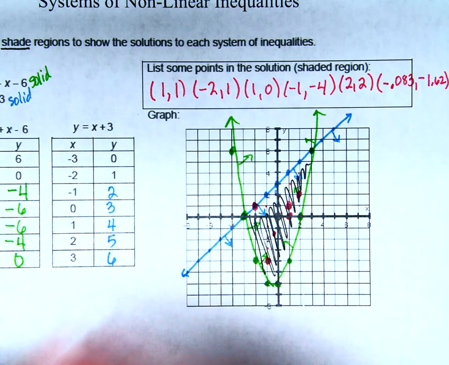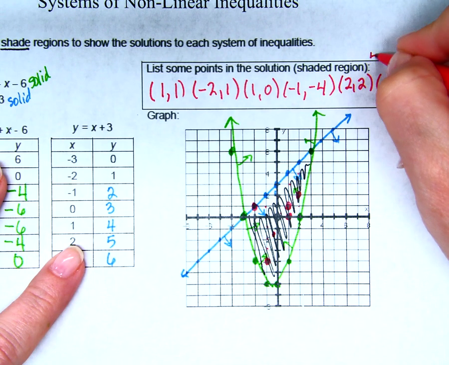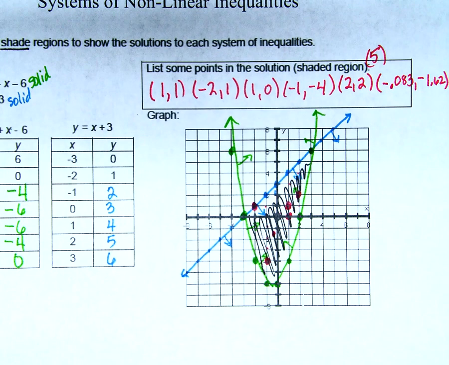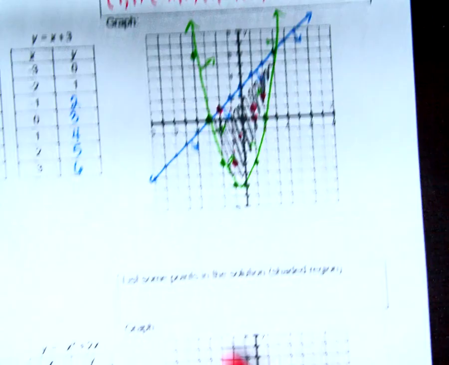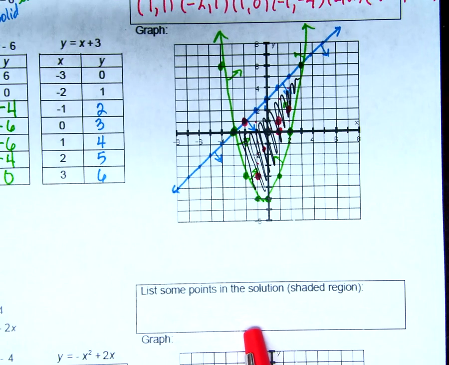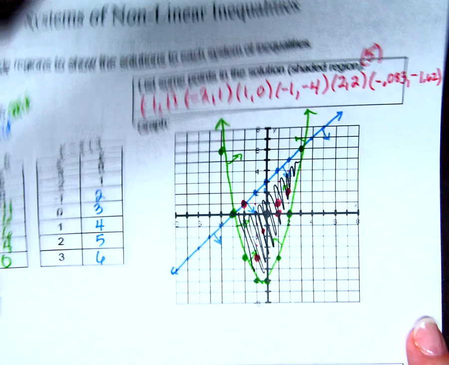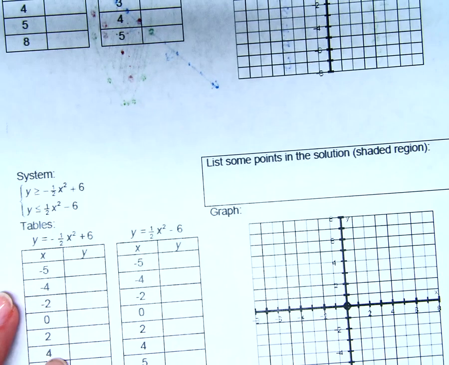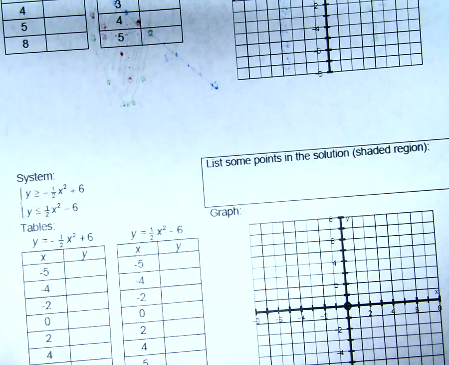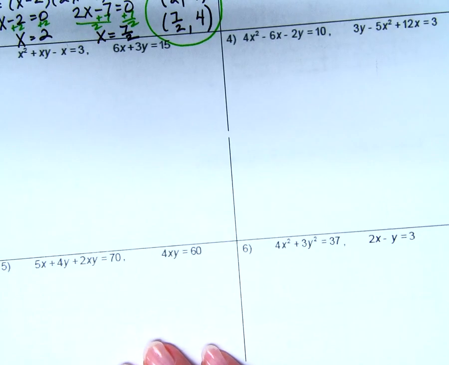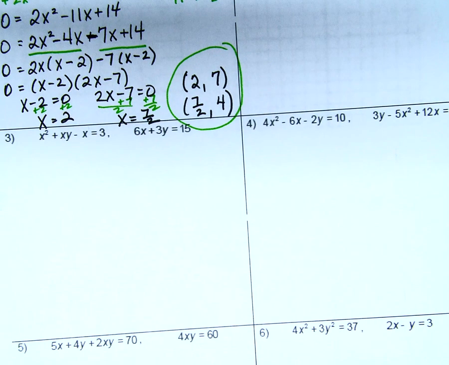That everybody had a chance. But let's make sure to get 5. In all the ones that you have to do on the rest of this page, make sure you get 5 points in the shaded region, okay? So you have 2, 3, and 4 on this worksheet to do, and you have 2, 3, 4, 5, 6 on this worksheet to do, yes? Any questions?